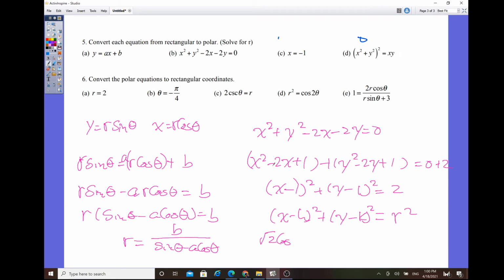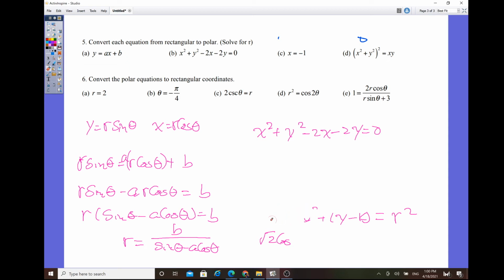So let's see what's another way to convert this one. I'll probably just rewrite everything in terms of sine and cosine first with r. For those who might be wondering, would that be easier to solve for r? We can always do that.